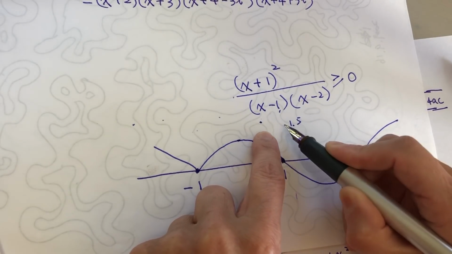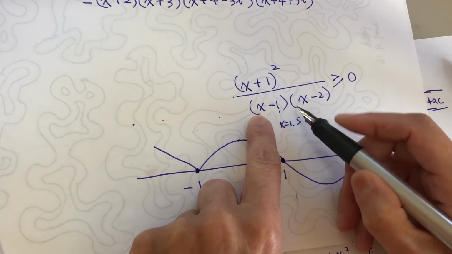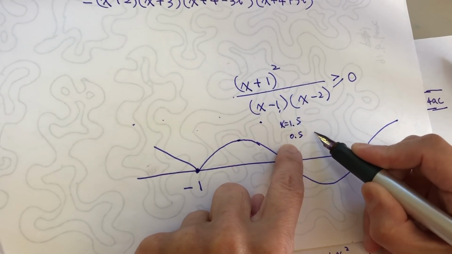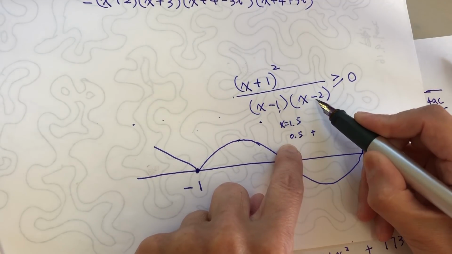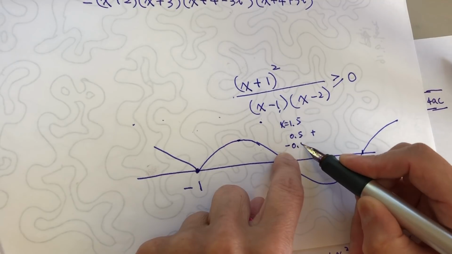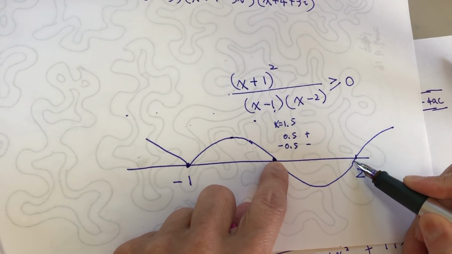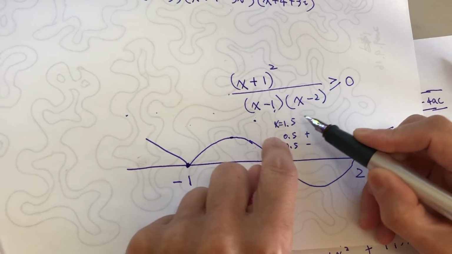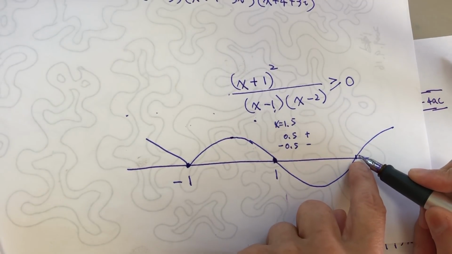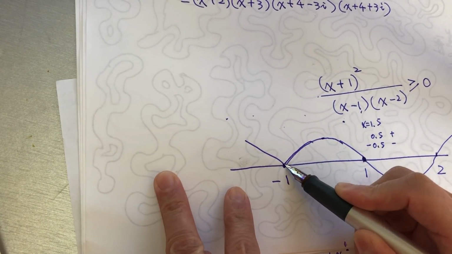If x equals 1.5, x minus 1 is 0.5, which is positive, and x minus 2 is negative 0.5, so it's negative. And after x bigger than 2, everything is positive. And here we need to bounce.